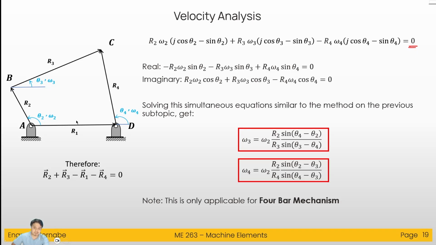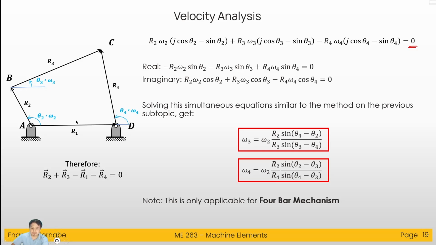As you can see, the 4-bar mechanism is very simple, but the equation that is used to solve it using an exact analytical method is quite tedious, quite long to solve. So we'll only focus on these two for the velocity analysis. Same goes for acceleration analysis in the future.